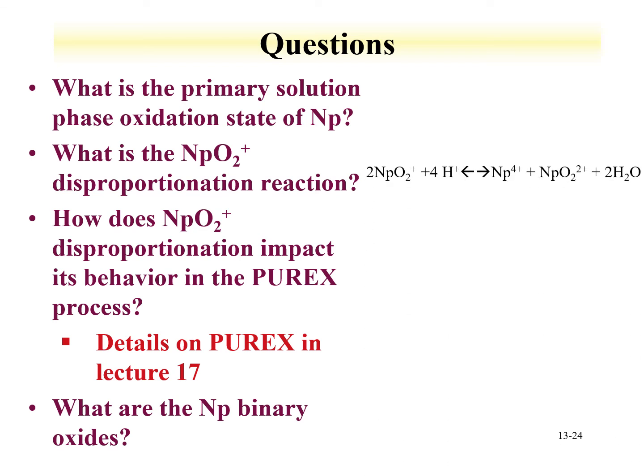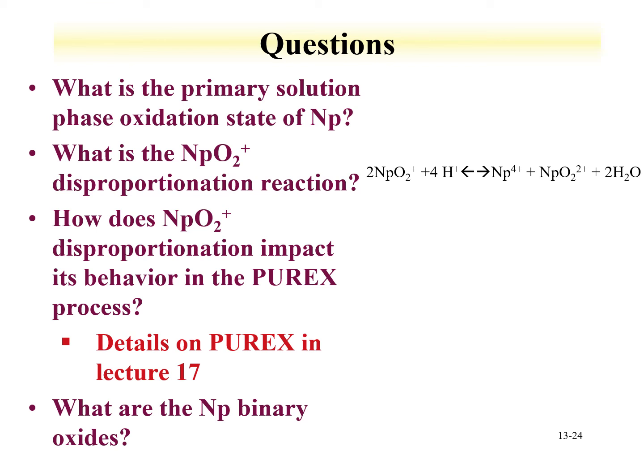Well, Neptunium-5 with acid goes to Neptunium-4 plus Neptunium-6. We have 2 Neptuniums going to, a 5 going to a 4 and a 6, so there's no net change in overall oxidation state. This is also a condition that one can evaluate to determine how to keep Neptunium-5 stable in solution. One would be not to store it under acidic conditions and try to keep the concentration low.